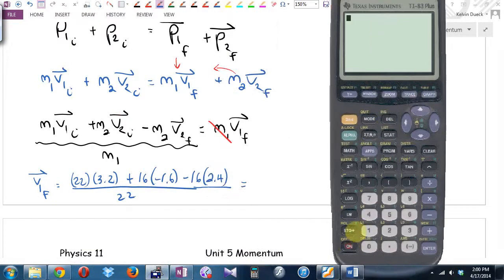I'm going to get 22 times 3.2 plus 16 times negative 1.6, take away 16 times 2.4, divided by 22. Do you get 0.29? Positive or negative? Direction then.